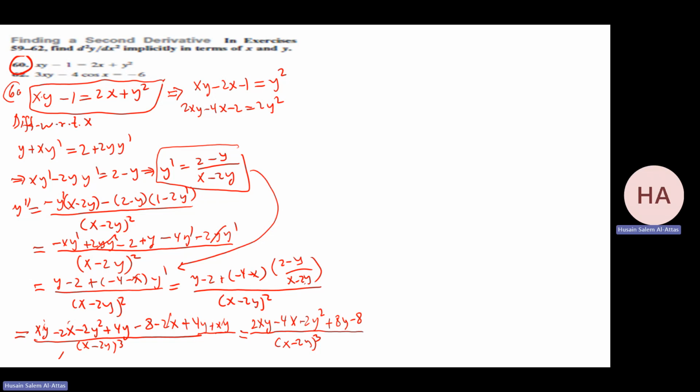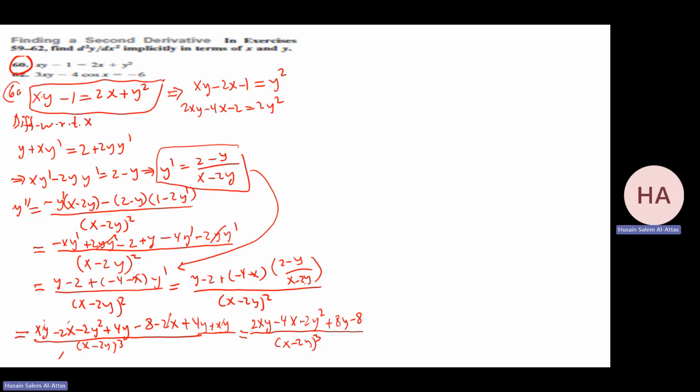Yeah, I'm afraid I made some calculation mistakes which you cannot follow. That y plus xy prime equal this, so y prime equal this is correct. Y double prime will be minus y prime times x minus 2y, minus 2 minus y times 1 minus 2y prime.